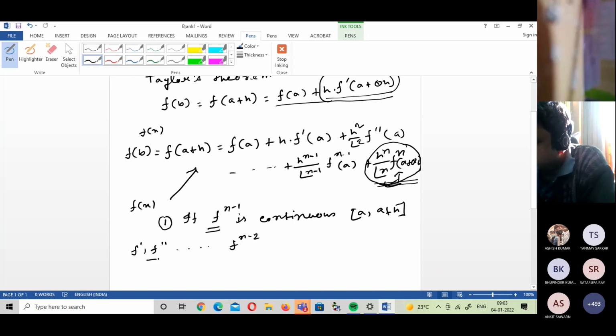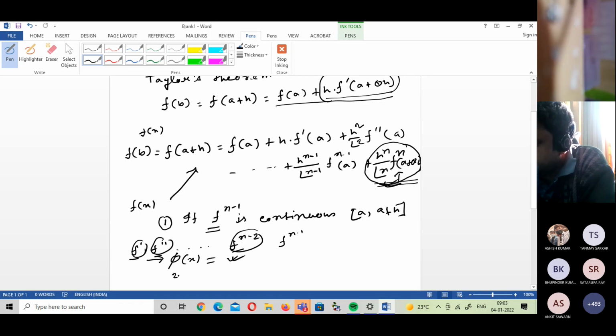So from this you can draw the conclusion that if you form a function like phi of x which contains f dash, f double dash, all added with those derivatives up to f of n minus 1, that function is also continuous.